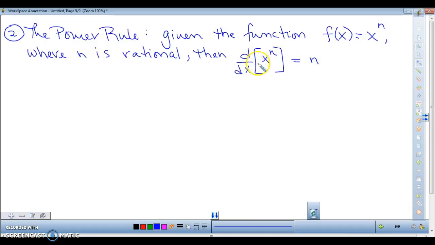We're going to bring that down in front of your function, times x to the n minus 1. So we're going to decrease that power by 1.